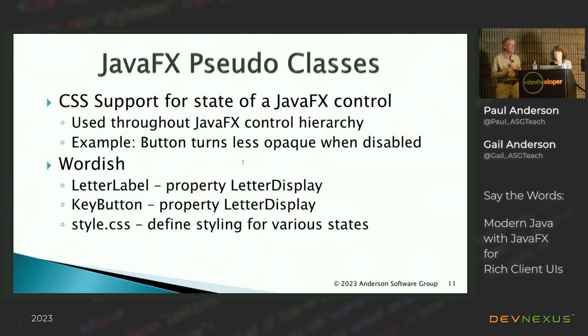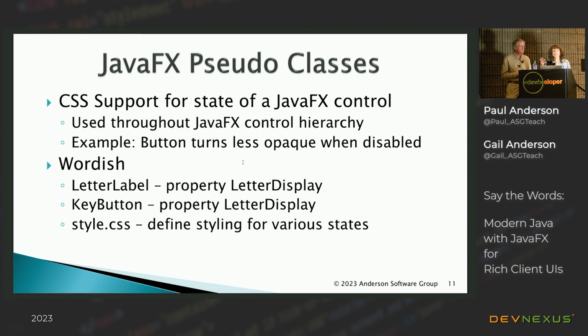And in Wordish, what we did was we had a letter label class with its own property for letter display, a key button class, its own property for letter display, and then we had style sheets, a style.css that defined the styling, and then that styling would be applied when a property was updated, and it's all really pretty easy to use. Gail's going to show you how we did that now.